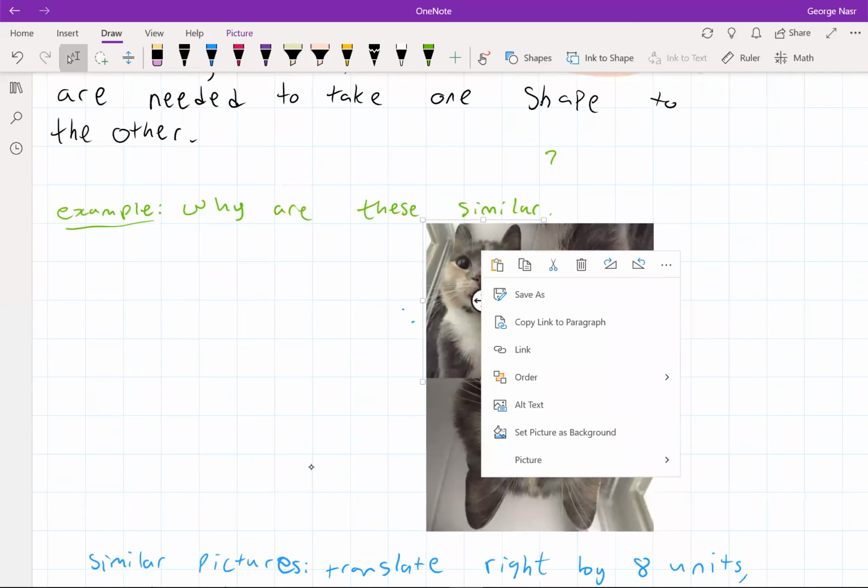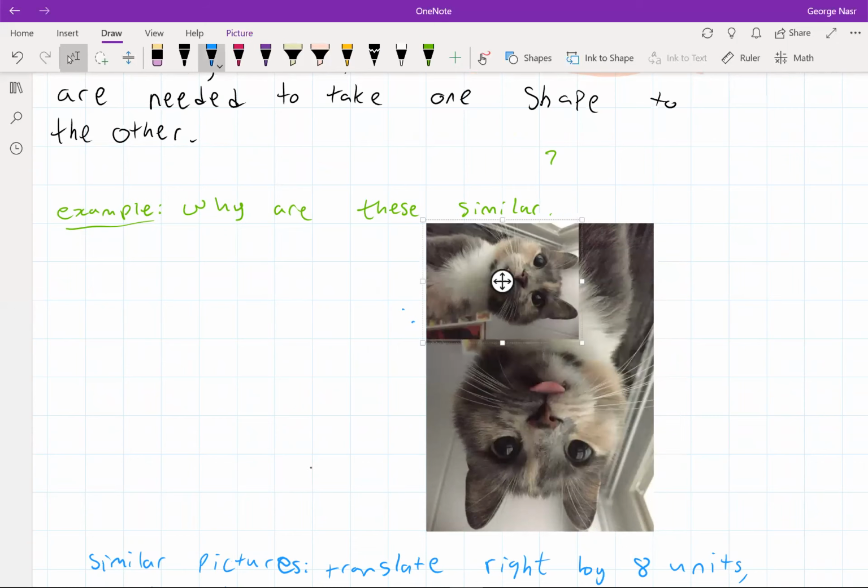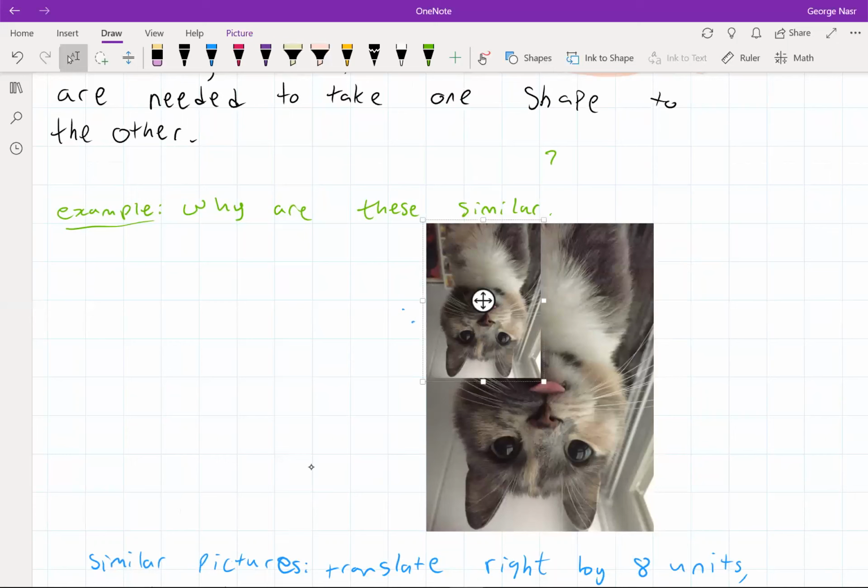And then I'm going to do a rotation twice by 180 degrees. And then I'm going to pick this point right here, and I'm going to now dilate the picture. And so what happens when we dilate? The distance from the yellow point to this black point doubles.